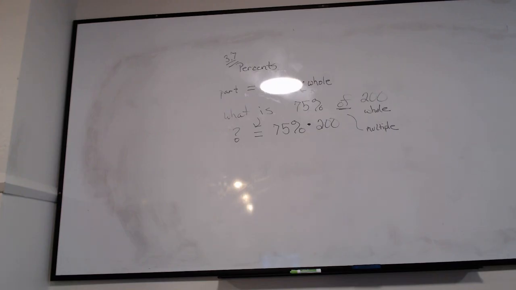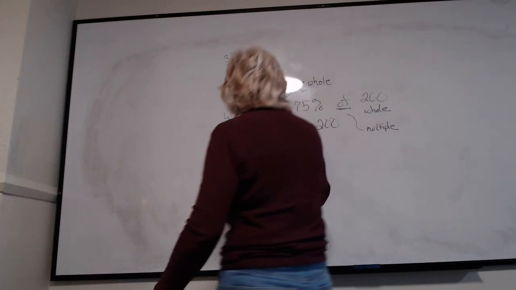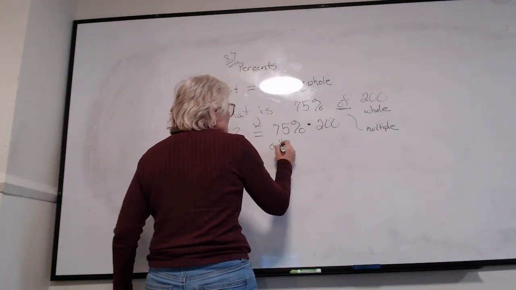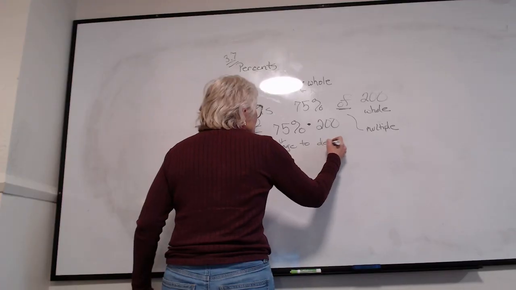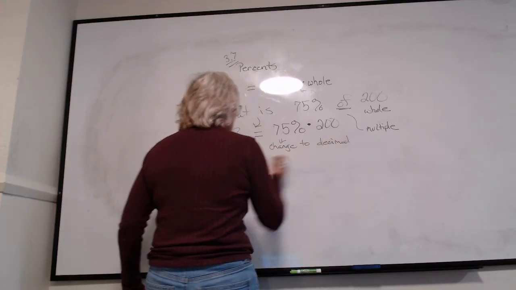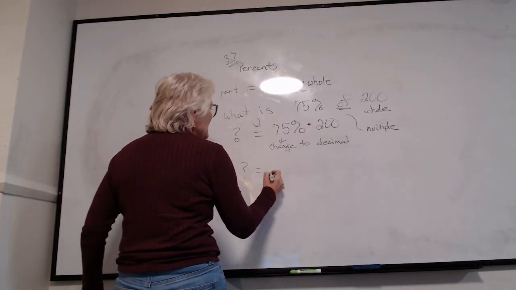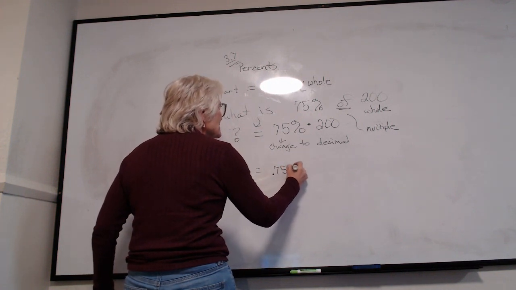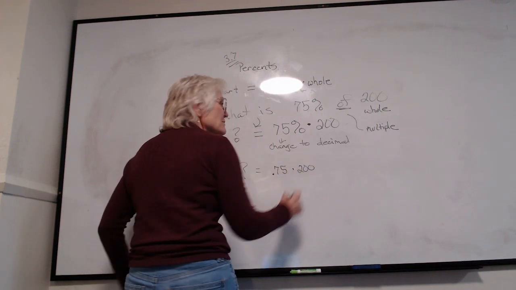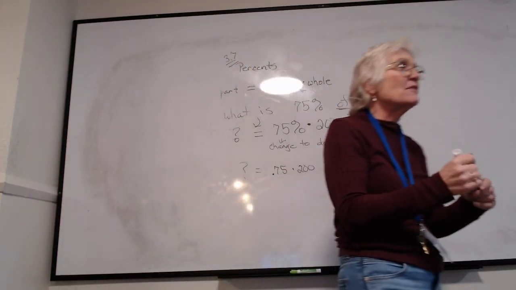How do I have to have that before I can actually do the math? In decimal. So we change it to a decimal. So the question mark is going to equal 0.75 times 200. So that's how we would put that down.